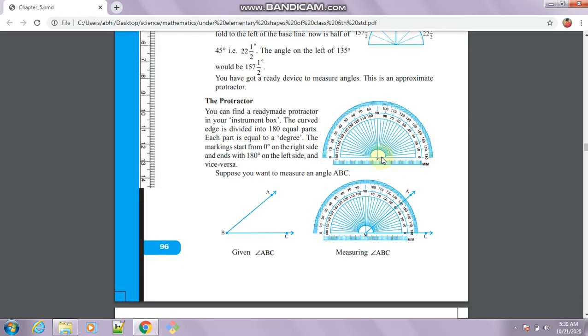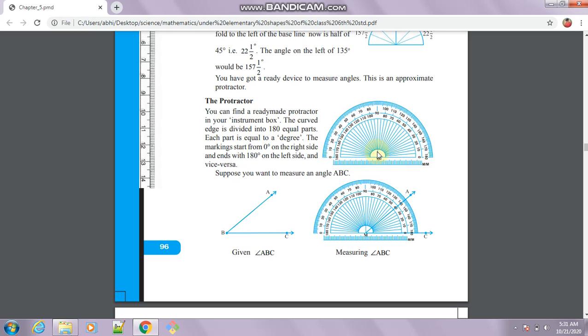This is the protractor. When you start the line here, I'll send this video to you people. Okay, students, when you mark your line, from that point where you place the protractor, you have to take the 0. 0, 10, 20, 30, 40, like this.